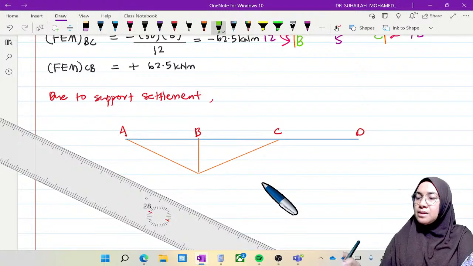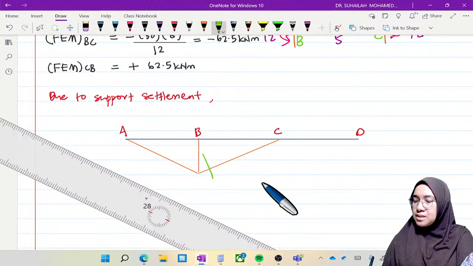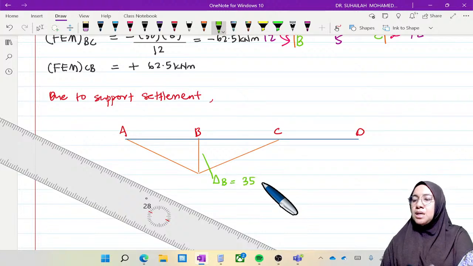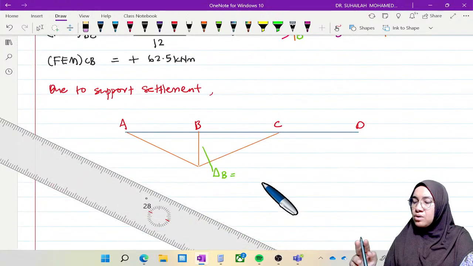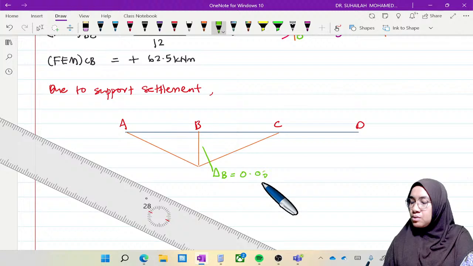And delta is this. Delta B is equal to 35, or 0.035 meter.